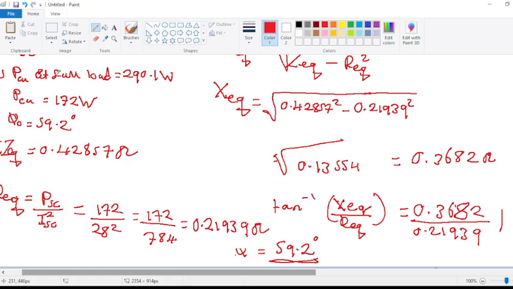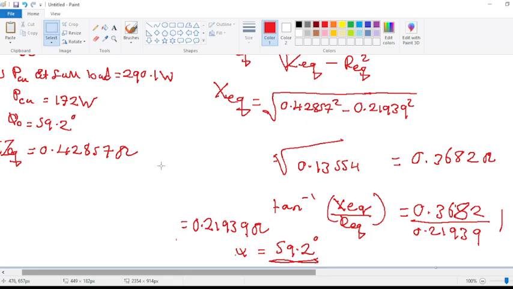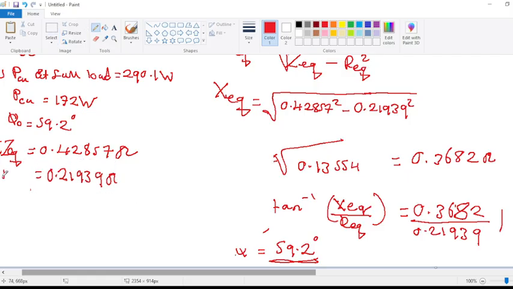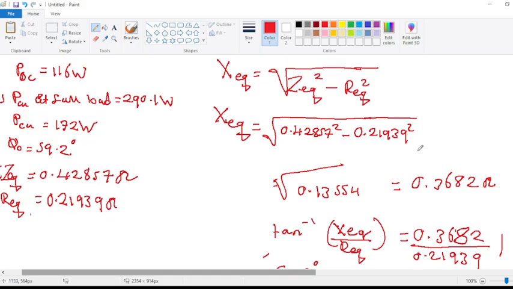Then we have to take the resistor. This is the answer that we want, the equivalent resistance. Then you have the answer for the reactance.